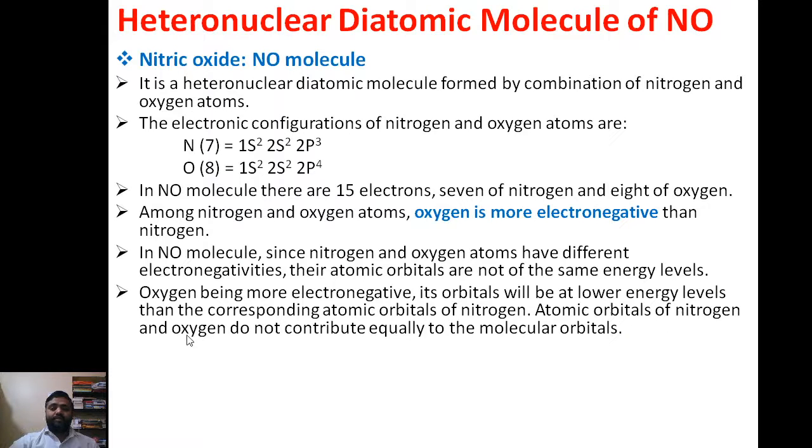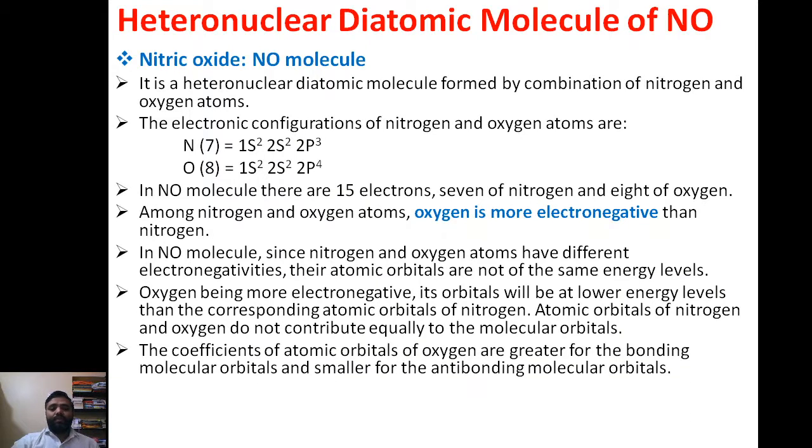Atomic orbitals of nitrogen and oxygen do not contribute equally to the molecular orbitals, unlike in homonuclear diatomic molecules. They contribute unequally. The coefficients of the atomic orbitals of oxygen are greater for the bonding molecular orbitals and smaller for the antibonding molecular orbitals.